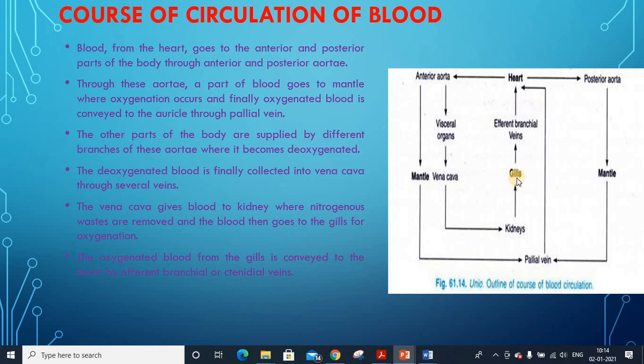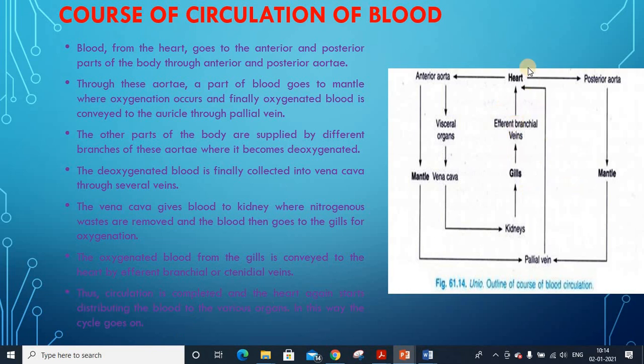From the gills, the oxygenated blood is conveyed to the efferent branchial veins and finally to the heart. The circulation is completed and the heart again starts distributing the blood to the various organs. In this way, the cycle goes on.